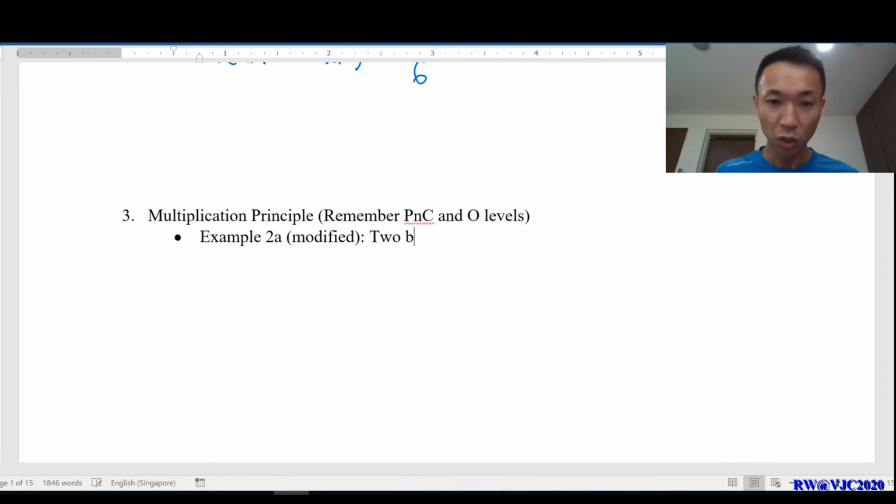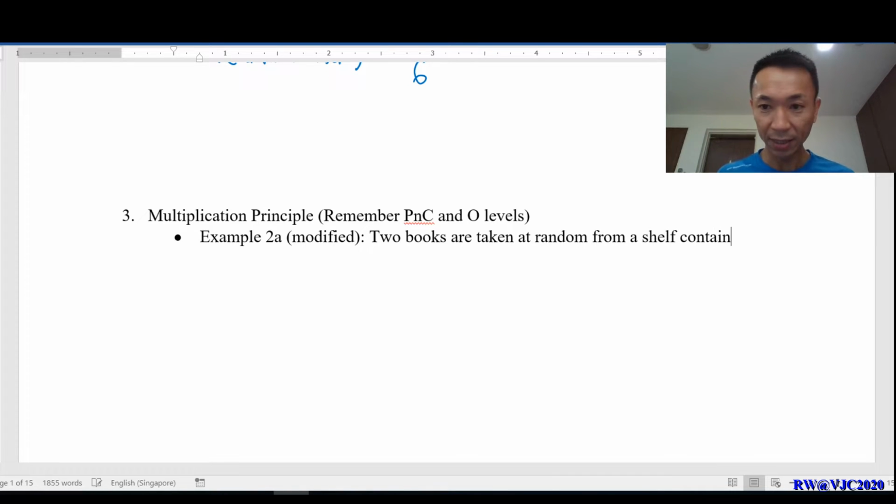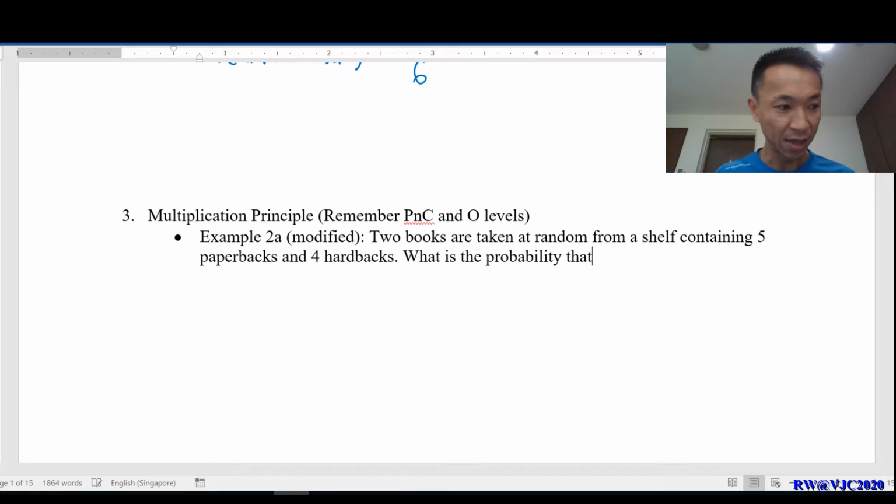Let me type it. 2 books are taken at random from a shelf containing 5 paperbacks and 4 hardbacks. What is the probability that one is a paperback, this I modify a little, and one is a hardback?